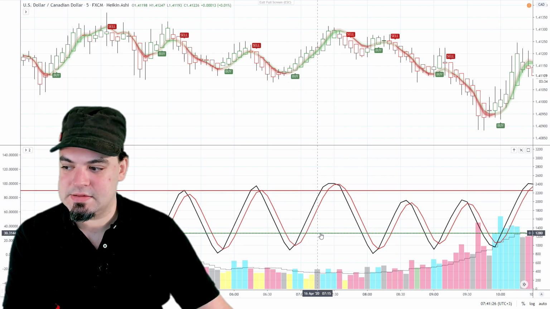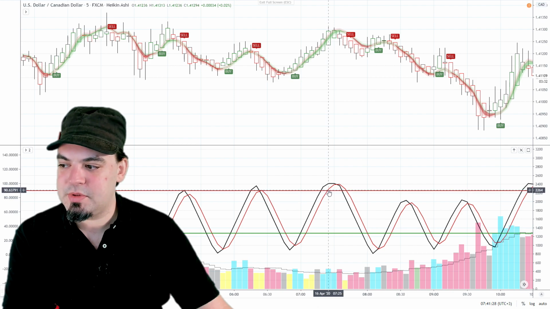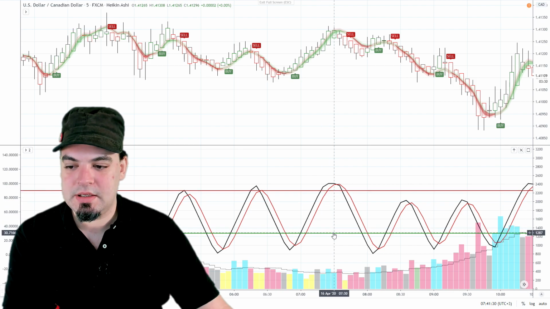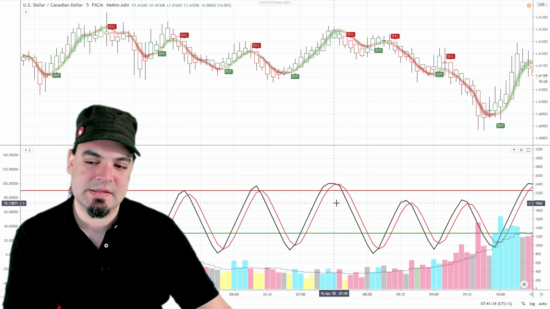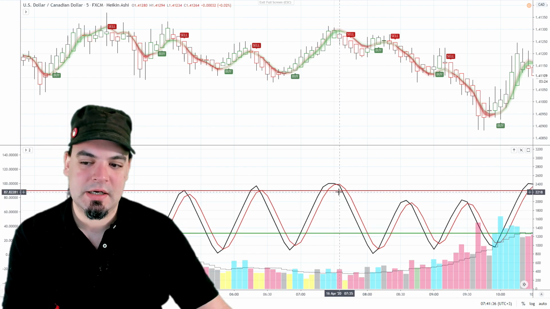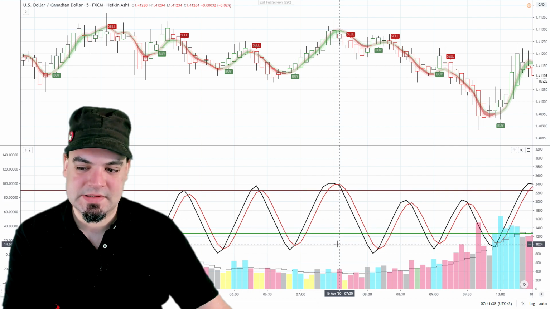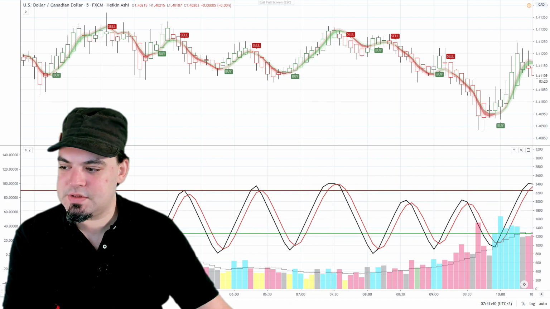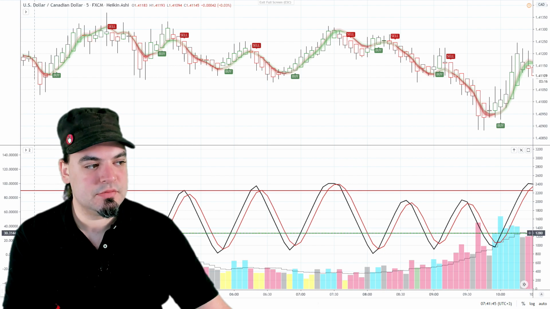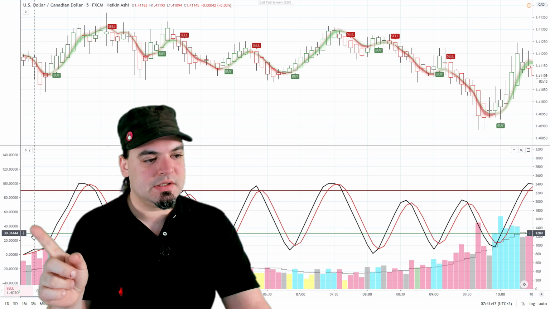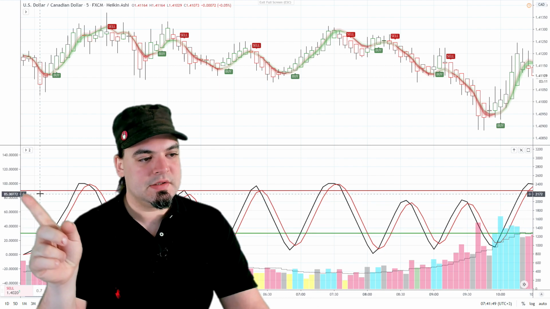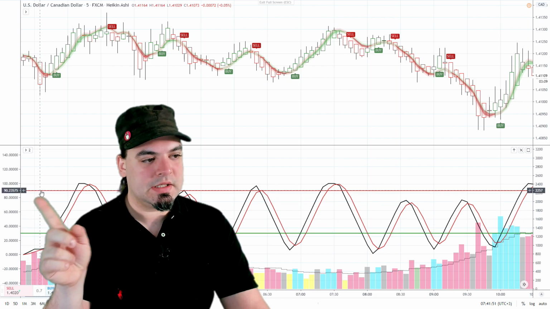And these lines are usually at 70 and 30. I use 90 and 10. You can see on the scale that the lower line is at 30. I need to change that. You can see it's here at 30. And then this one here is at 90, okay?